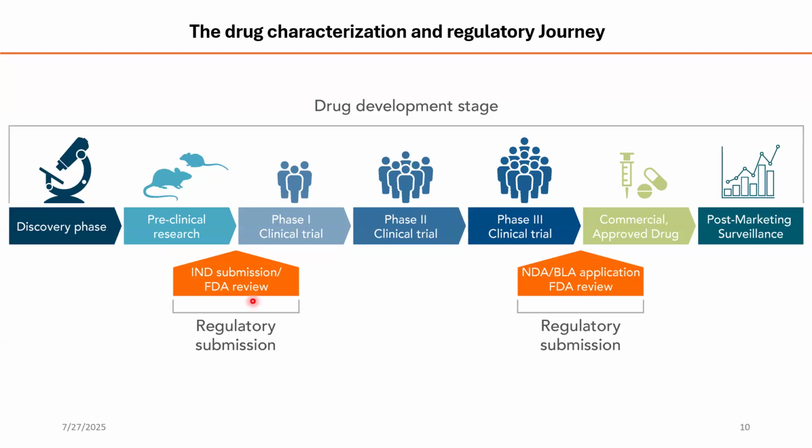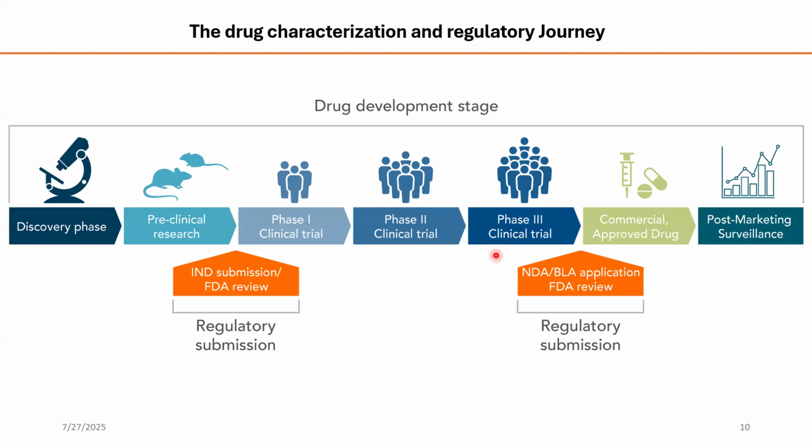This is the first regulatory submission which needs to be approved, where they give permission to start the clinical trials, phase 1, phase 2 and phase 3. As I said, phase 1 is on healthy donors. Now you test for the dose and the safety, and then you go for phase 2 and phase 3, where you do the clinical trial on patients on a small and a large scale.